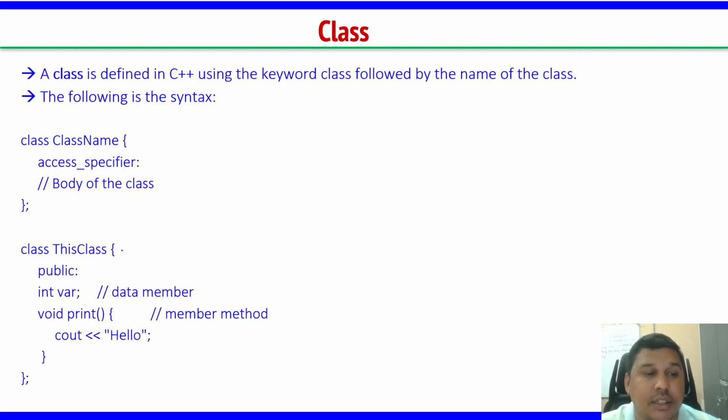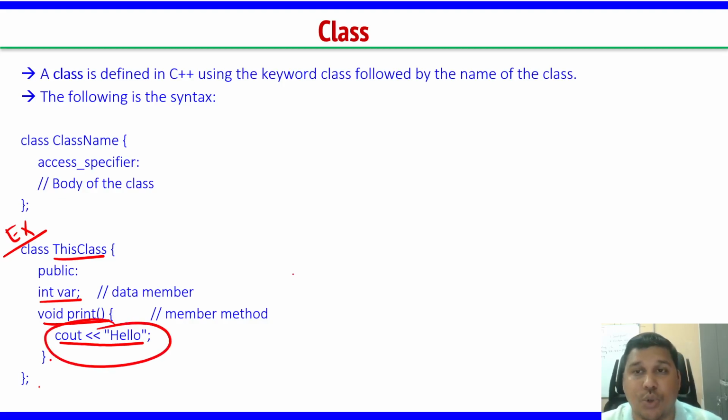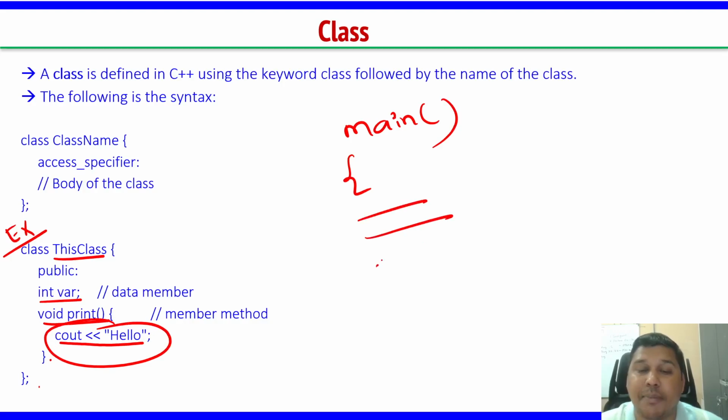If you see here, this is an example of a class. This is the class name, public int variable, void print. Inside that I'm writing the logic, cout hello, and closing it. You can write this logic inside the class or outside the class, not a problem. Like in C programming, you write main, in that you write some statements, and then you write a function and put a semicolon.